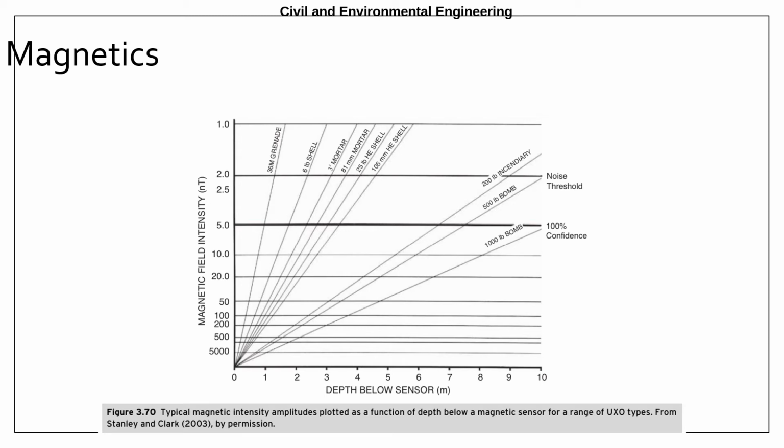And from here, we can see that the magnetic field intensity of a 1,000 pound bomb at 6 meters deep is approximately, I'd say, around 25 or more, 25 nanoteslas. Okay. Now, if your equipment or your magnetometer can only detect 50 nanoteslas, so let's say your equipment has a minimum detection rate of 50 nanoteslas, this is much bigger than your threshold intensity.